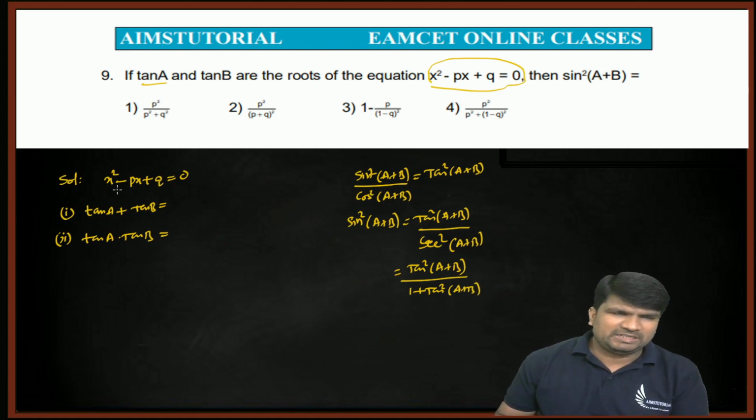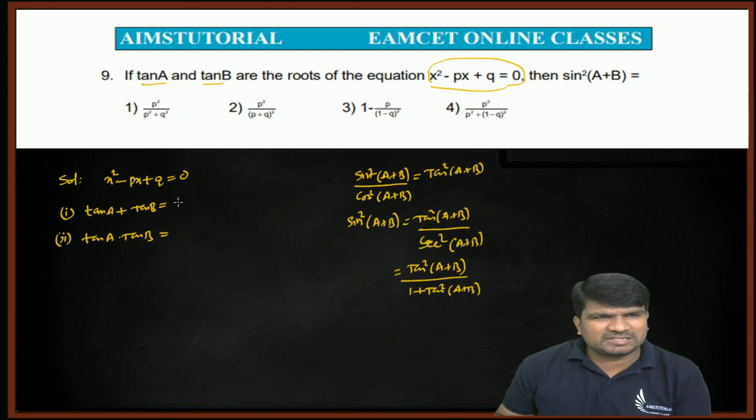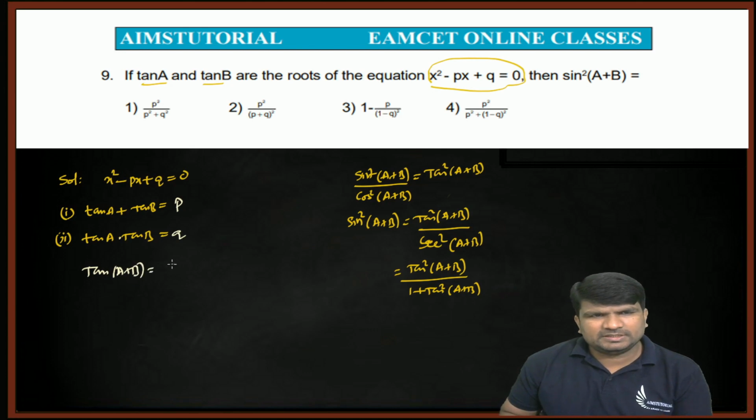So here, given the equation, what are the roots? Tan a, tan b. So sum of the roots means tan a plus tan b is minus b by a, so minus of minus p by 1, that is p. And product of the roots, tan a, tan b is c by a, that is q. So formula of tan a plus b is tan a plus tan b divided by 1 minus tan a into tan b.